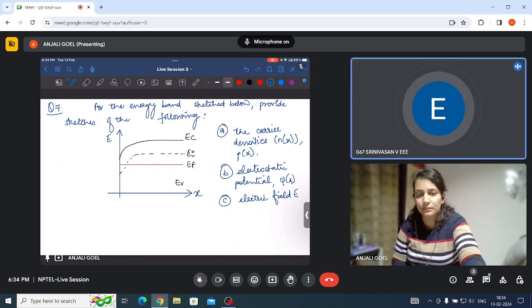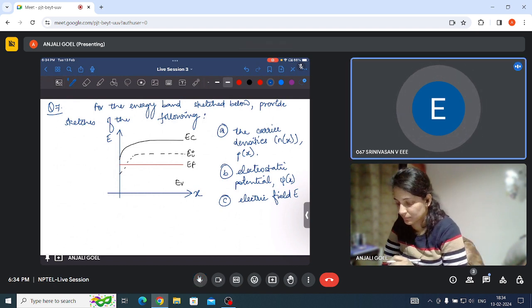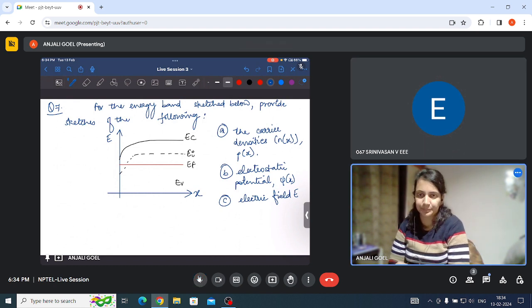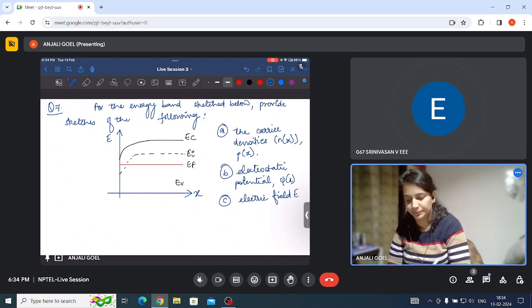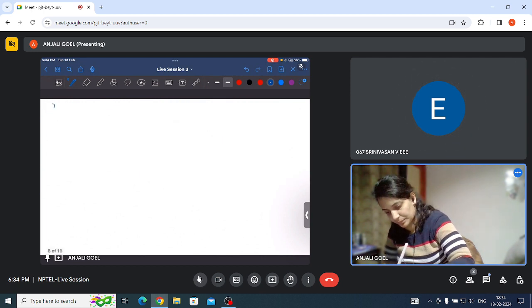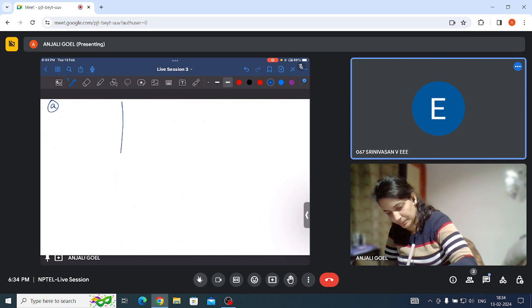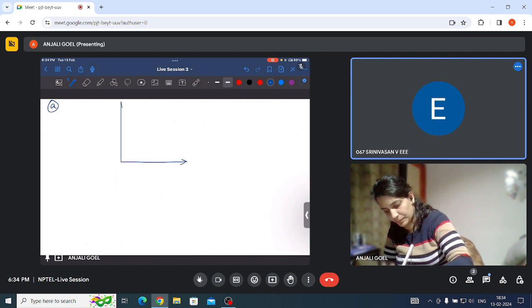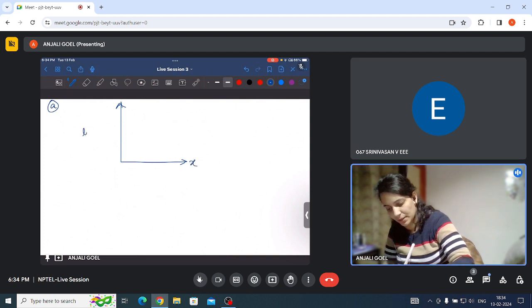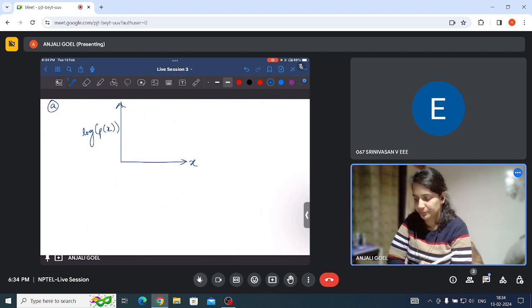From here, the number of holes will be higher, right? Yeah. Okay, so you can tell me in terms of log P of x. So how shall I draw it?